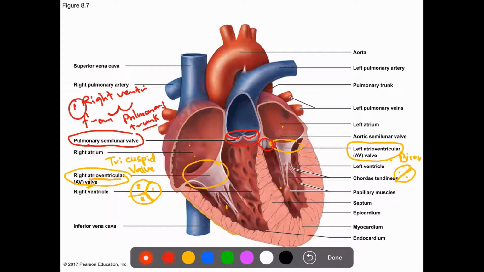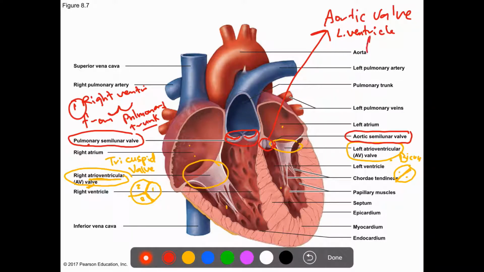This is one. And the second one is here. It's called the aortic semilunar valve. This is it. It separates the left ventricle from the aorta.